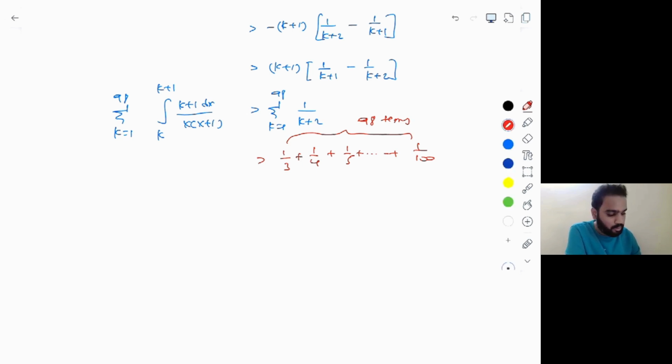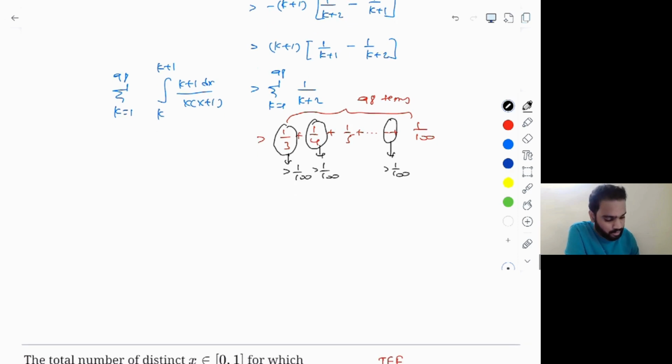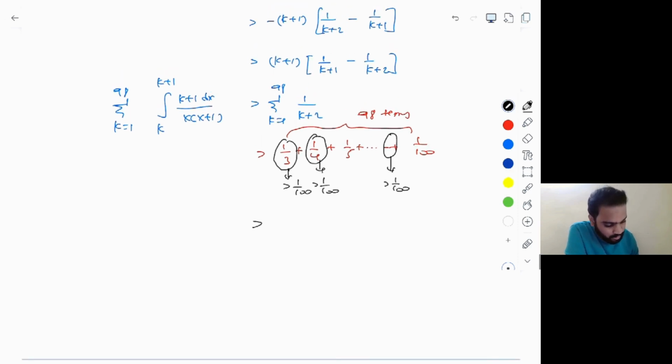Instead, what I am going to do is say that this 1 by 3 will definitely be greater than 1 by 100. Similarly, this 1 by 4 is also greater than 1 by 100, and so on. This 1 by 99 also will definitely be greater than 1 by 100. So this entire expression is greater than 1 by 100 plus 1 by 100 plus and so on up to 1 by 100, and there are 98 terms.